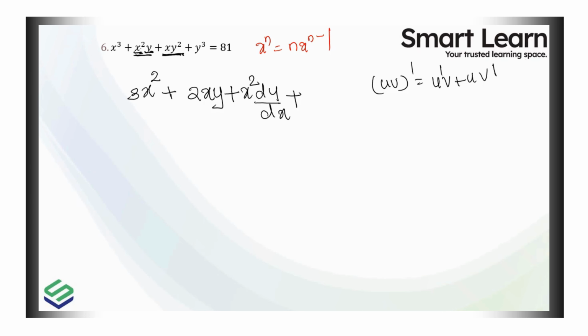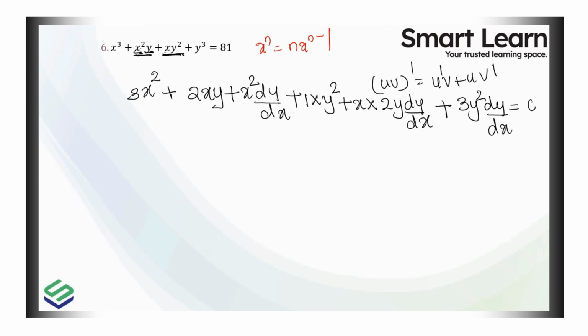The derivative of the first, x, is 1 into y square, plus x into the derivative of y square, that is 2y into dy by dx. Why dy by dx, children? Because we are differentiating with respect to x. Plus y cube gives 3y square into dy by dx, and the derivative of 81 is 0.